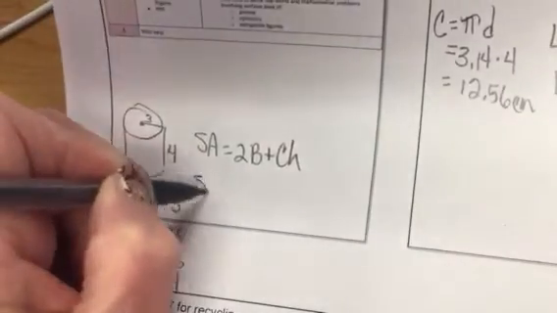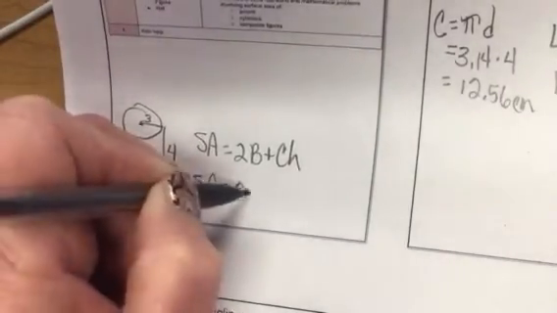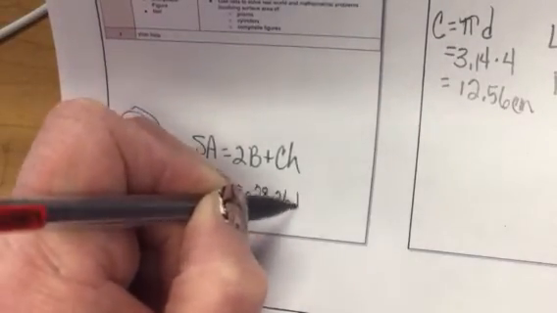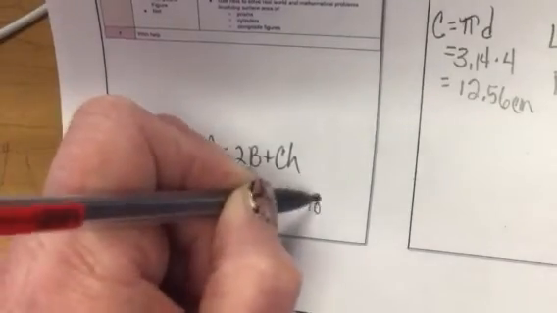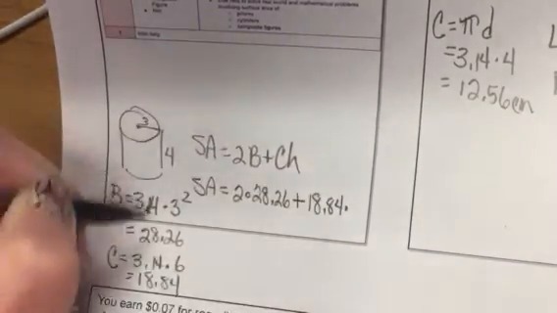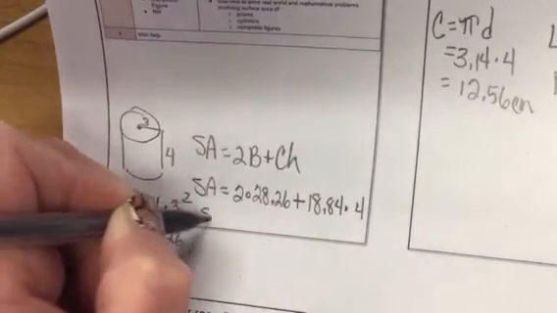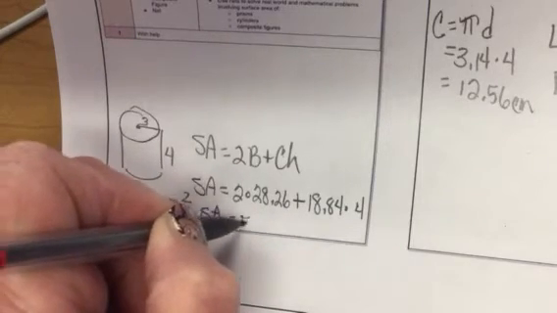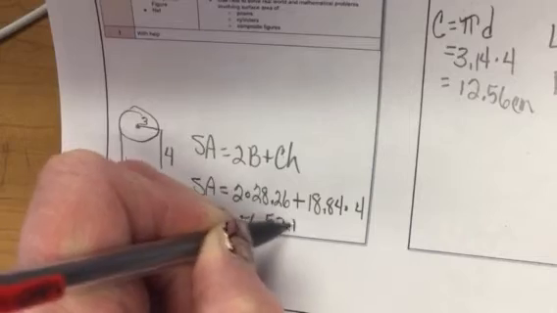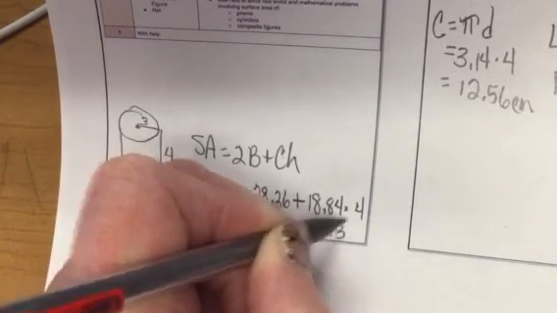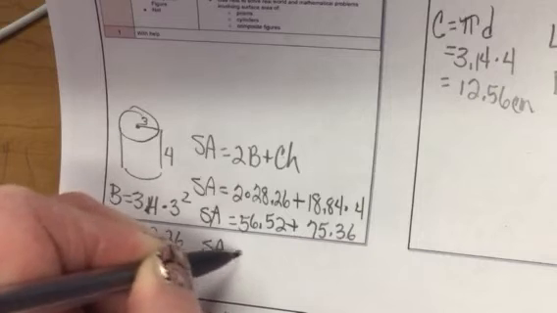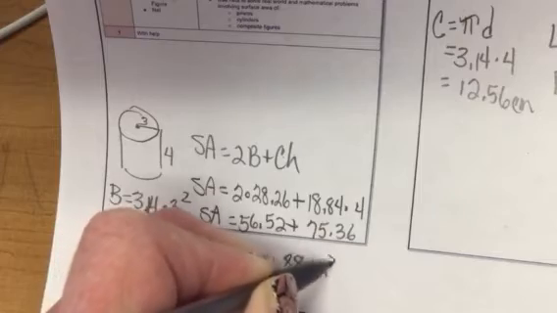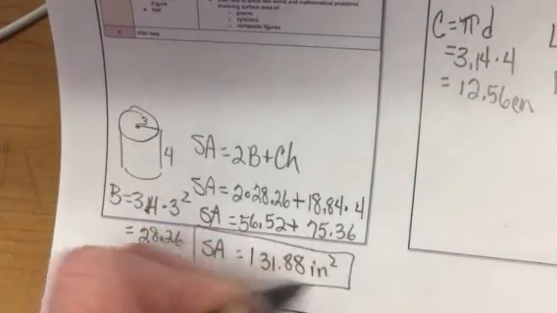So my surface area of that first can, 2 times 28.26, plus my circumference, 18.84, times the height of 4. 56.52, 75.36. So my total surface area is 131.88 inches squared. So that's can number 1.